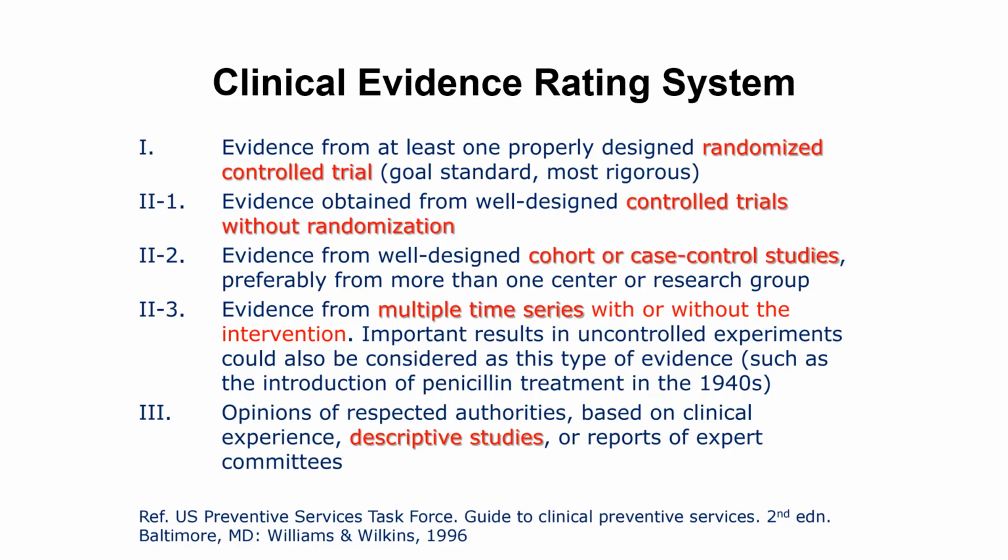Level 2-1 is controlled trials without randomization. Level 2 is then the evidence from cohort and case control studies, followed by multiple time series studies. Then level 3 is the descriptive studies, for example the cross-sectional studies.